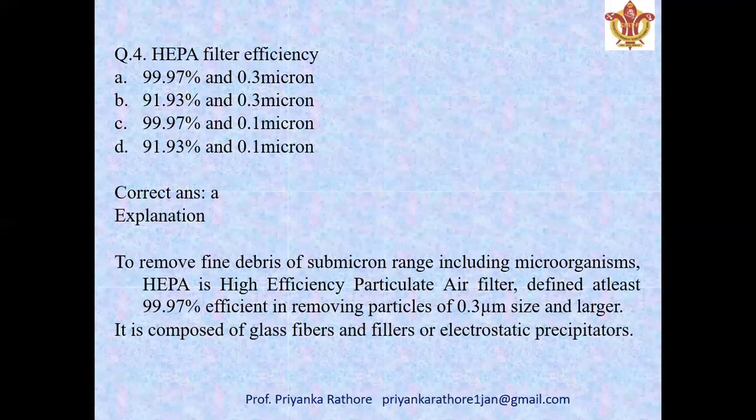So ये बहुत ज़्यादा efficient air filter है which can remove the particle size up to 0.3 micron, and it is 99.97 efficient in its working. So the right answer is first, 99.97% and 0.3 micron.